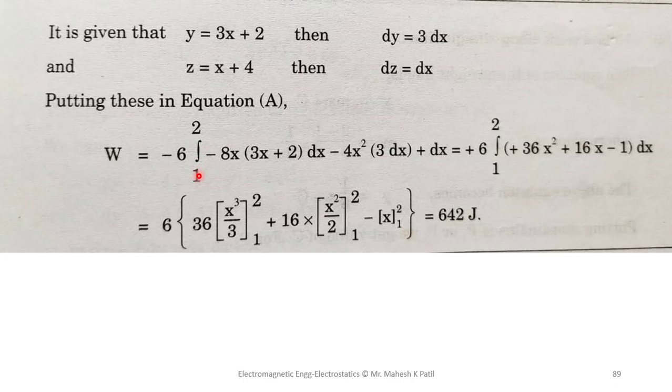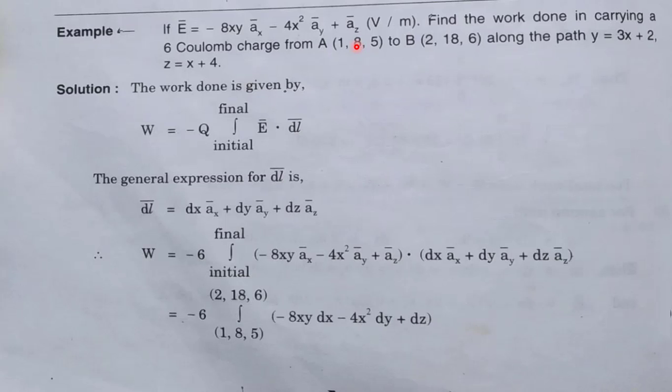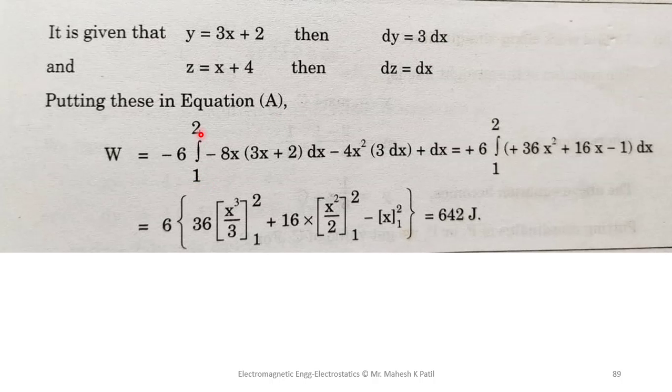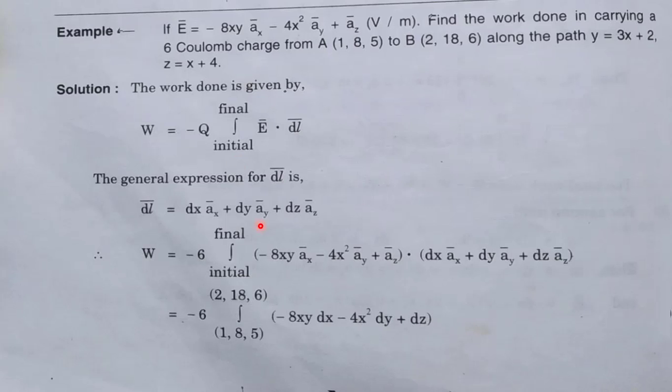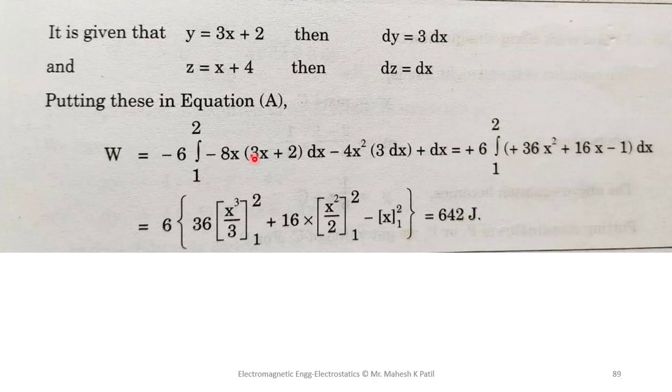So x varies here from 1 to 2, so we'll put the limit as 1 to 2. So integration from 1 to 2 of minus 8xy dx is there. Clear? So instead of y, we'll put here 3x plus 2. So minus 8x in bracket 3x plus 2 dx.